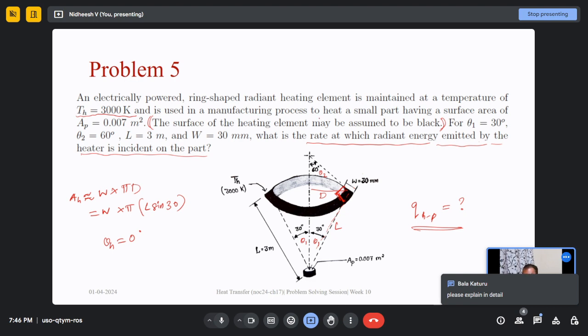Okay, let me try to draw it here. We have a receiver here, and we have our ring shaped object here.